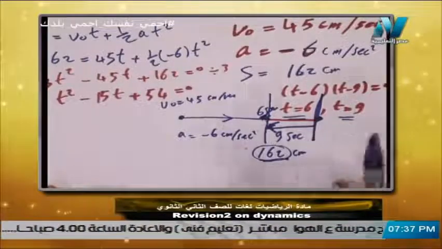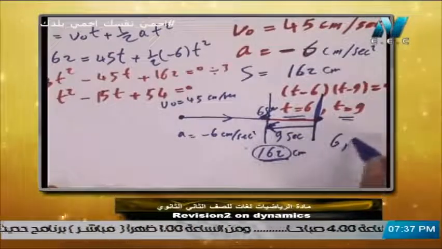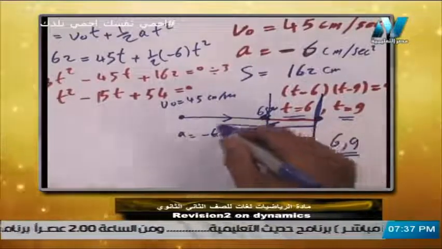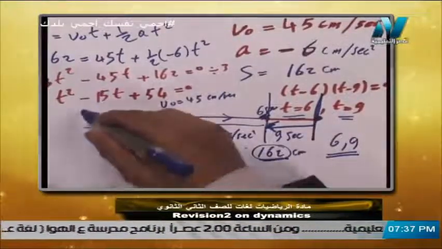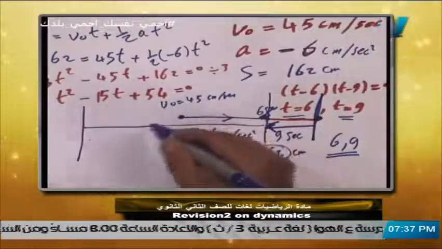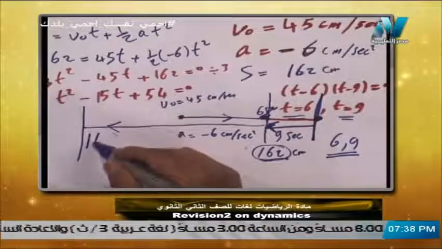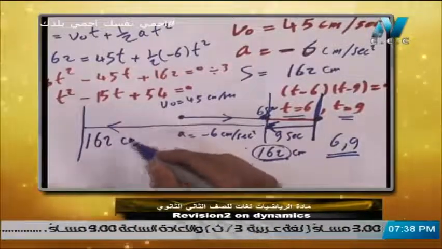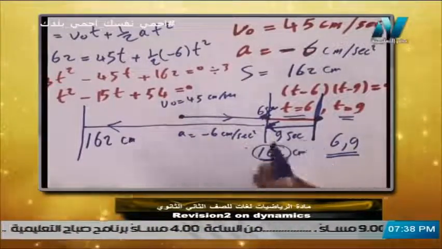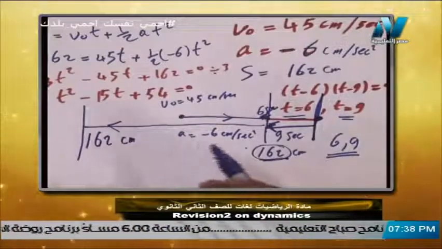Some of you say the answer will be 6 and 9. No. He returned again, and he will get in the opposite direction another 162 centimeter, because the question didn't specify whether it is in the same direction or the opposite direction, so we have all options.